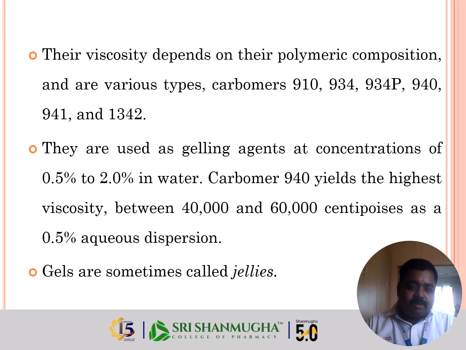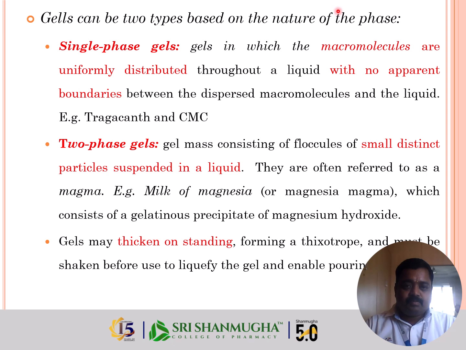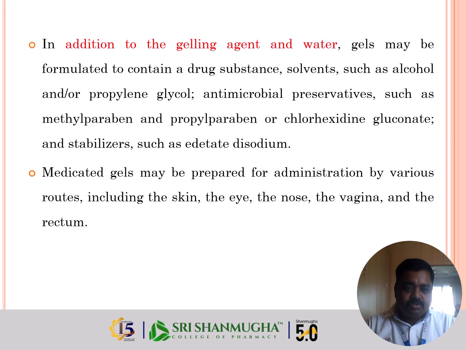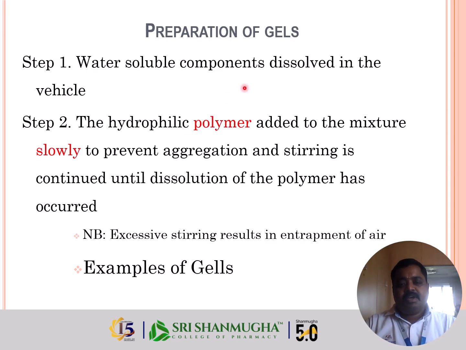Gels are sometimes called jellies. Gels can be of two types based on the nature of phase, single phase gels and two phase gels. For the preparation of gels, water soluble components are dissolved in the vehicle.